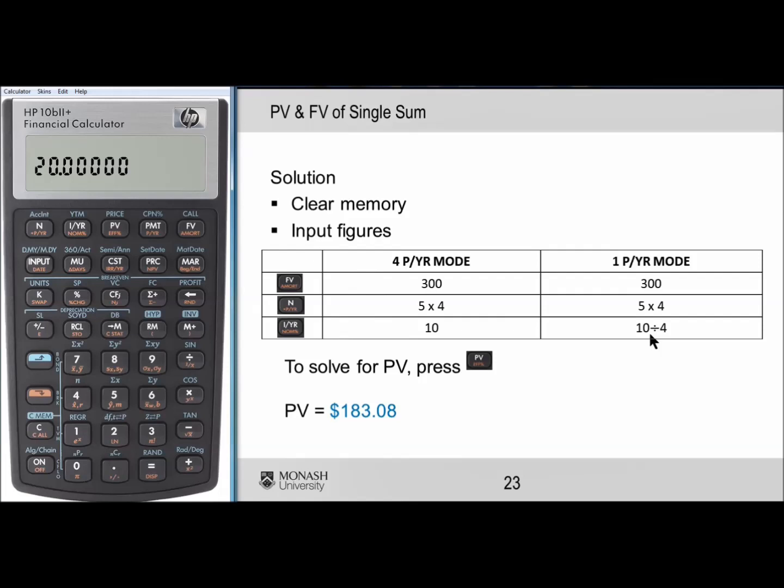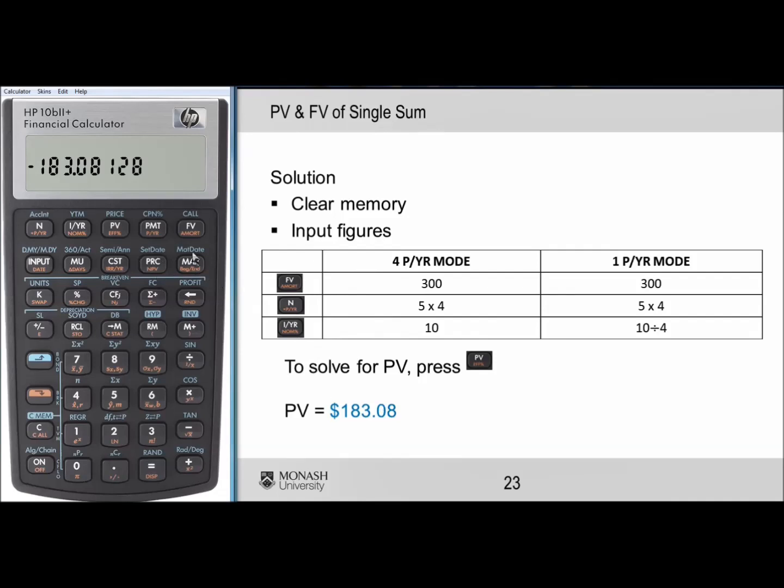So we need a quarterly interest rate, which is 10 divided by 4. And that is IYR. So, in other words, it is 2.5% per quarter effective. To solve for PV, press PV, and the final answer is the same.